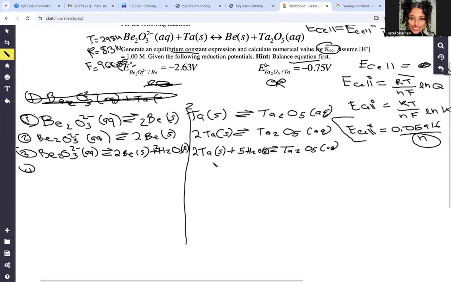Then we're going to balance the hydrogens by adding that many protons to the opposite side. So we have 6 here, so we're going to add 6 protons here. I think I'm going to start excluding the state just for the sake of space.